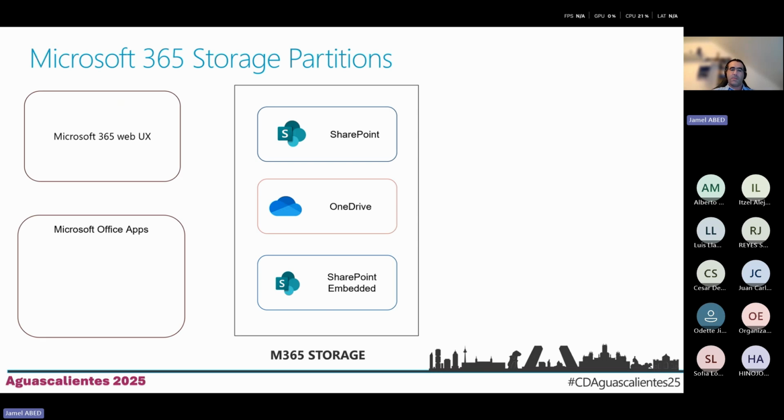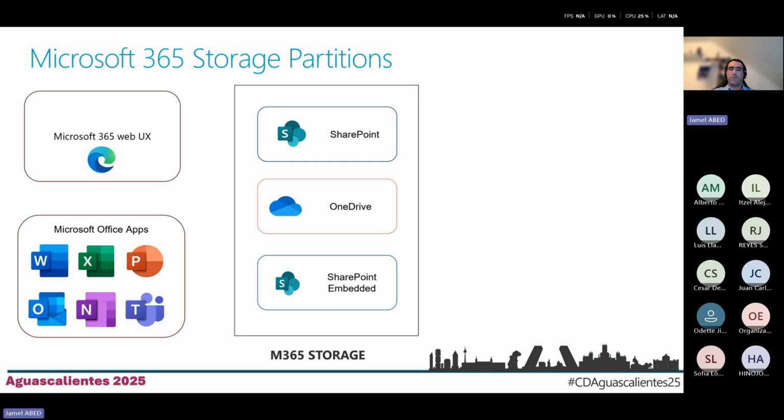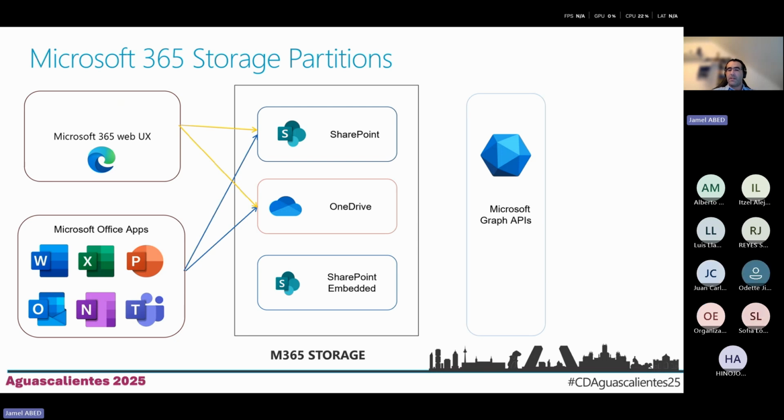Before SharePoint embedded, for example, to work with Office documents, we could use the browser. So you can open a file from a SharePoint document library online or in OneDrive, and you can use the Microsoft Office app. And for SharePoint embedded, it's different because we need to use Graph API.